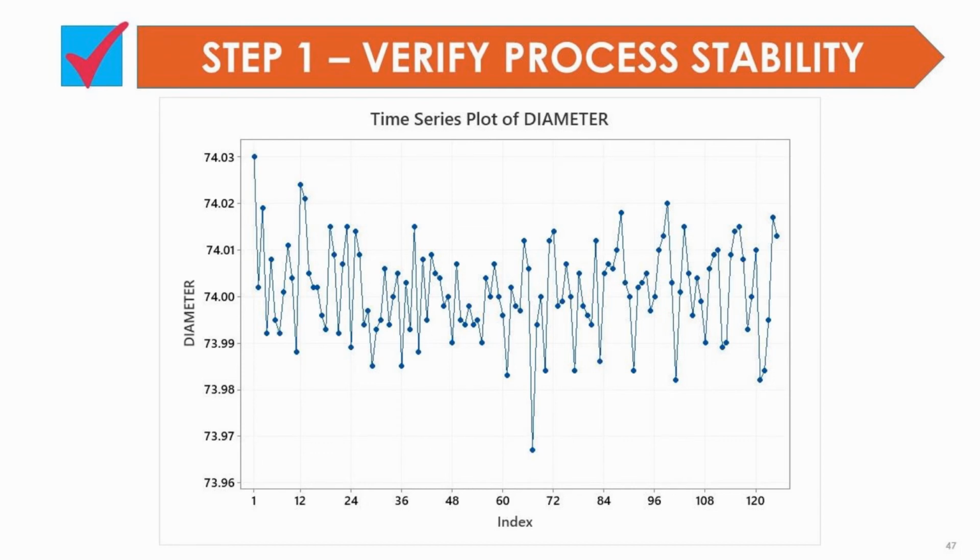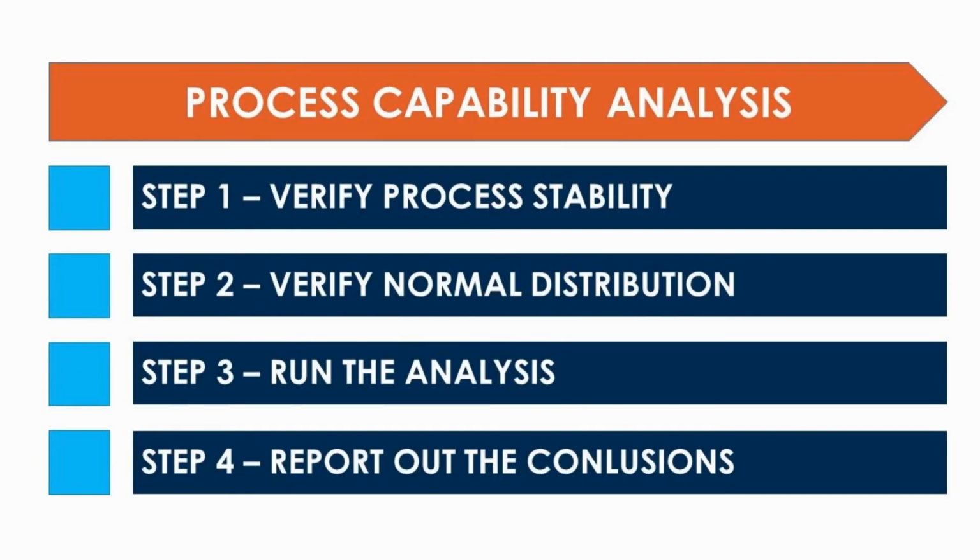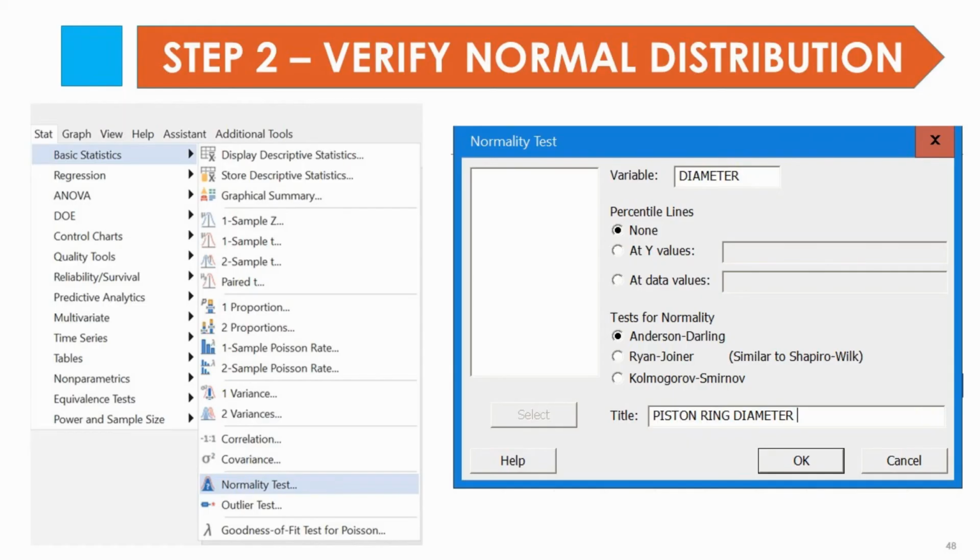data pattern here. Okay, so let's go for step number 2, verify normal distribution. Here we are going to go to Stat, Basic Statistics, and select Normality Test. We are going to select the column variable diameter, is where our data is located, and we can put some title here and always select as a default the Anderson-Darling test.